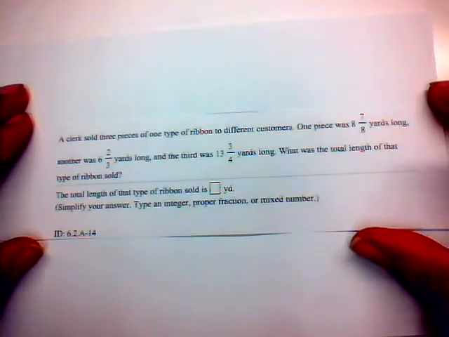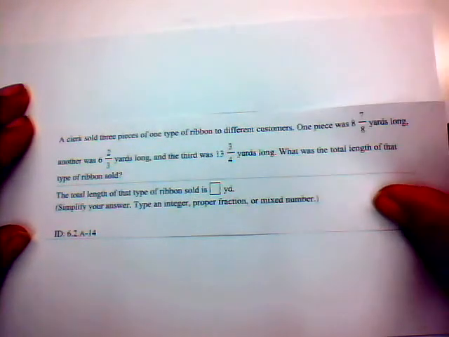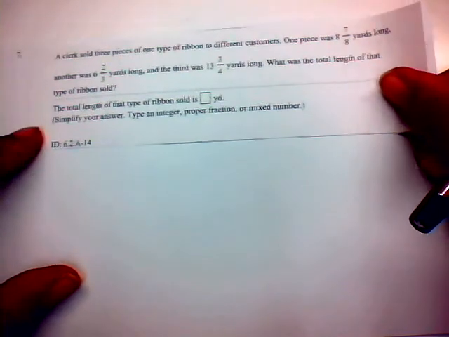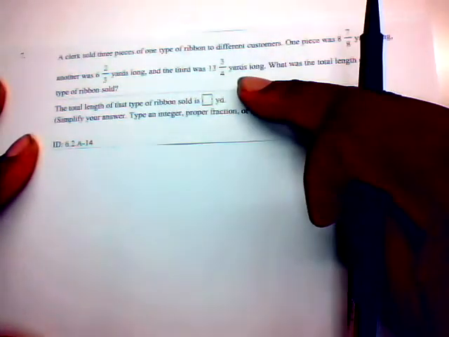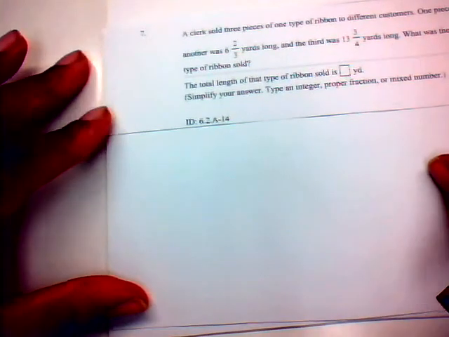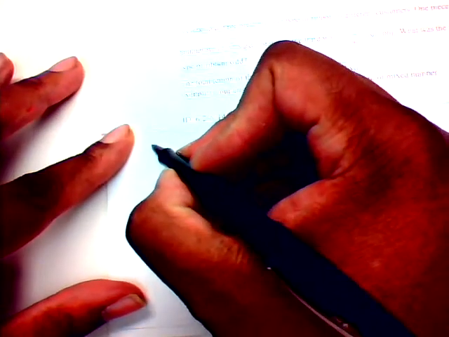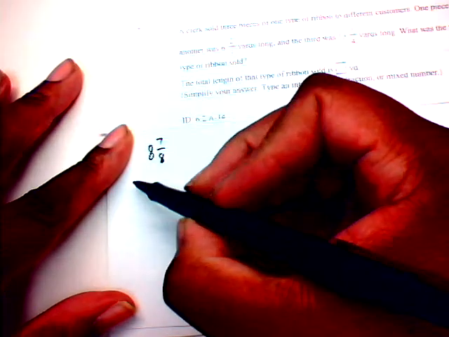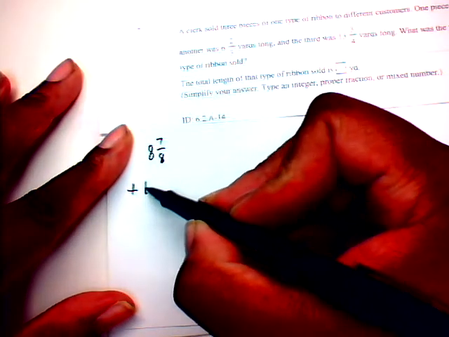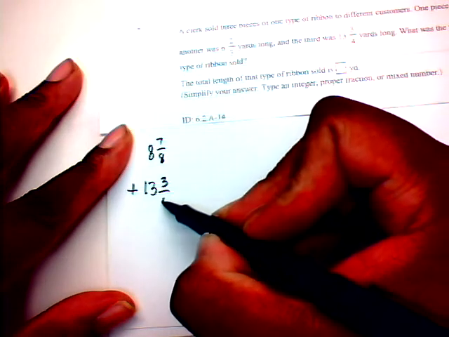Okay, let's work with something that we can easily find the least common denominator. I'm going to work with the 8 7/8 and 13 3/4 yards, because these can be added together, because I can easily find a common denominator. Let's see, 8 7/8 plus 13 3/4.